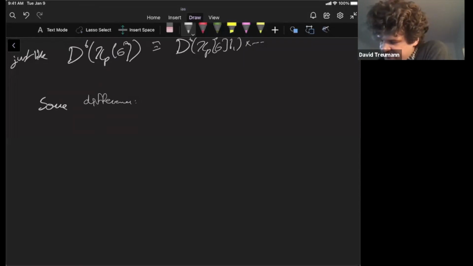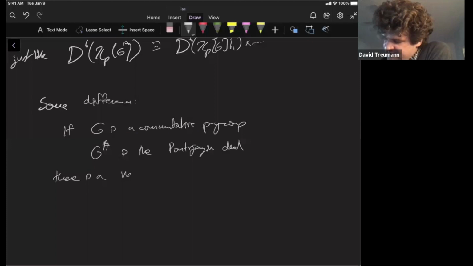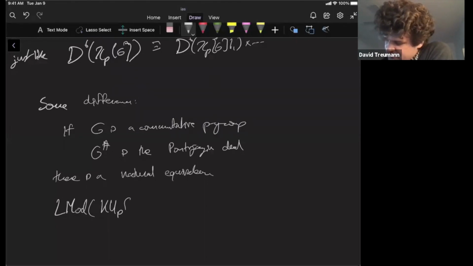Here's one difference. So if G is a commutative P group, and we'll call G sharp the Pontryagin dual commutative P group, there is a natural equivalence of infinity categories between the finite type modules for G, this has only one block, and the finite type modules for the Pontryagin dual.